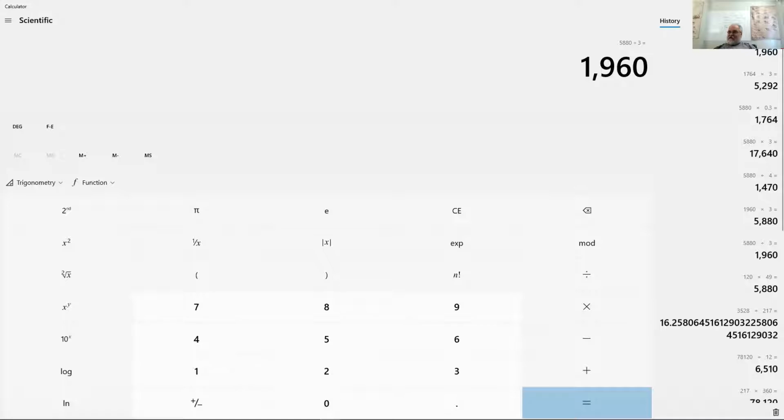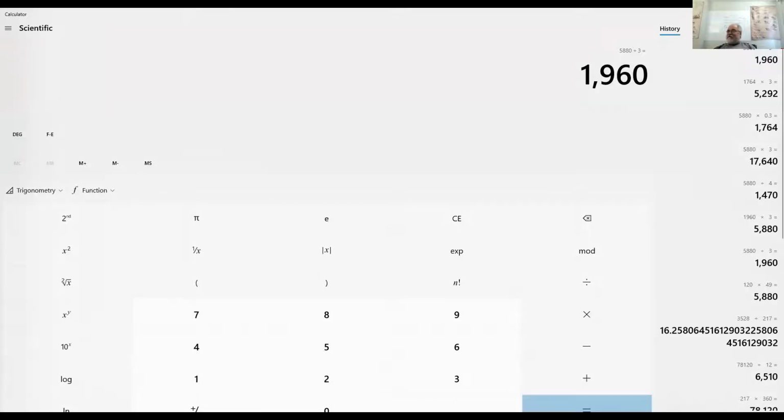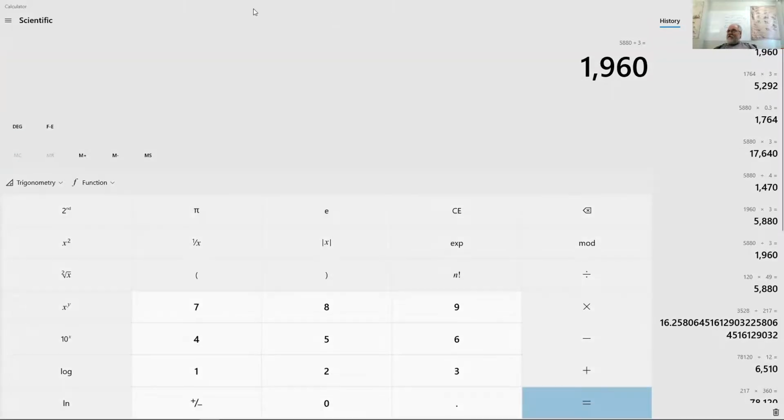I know it's not easy looking at all these numbers if you're not a number person. Abraham coming out of Babylon.